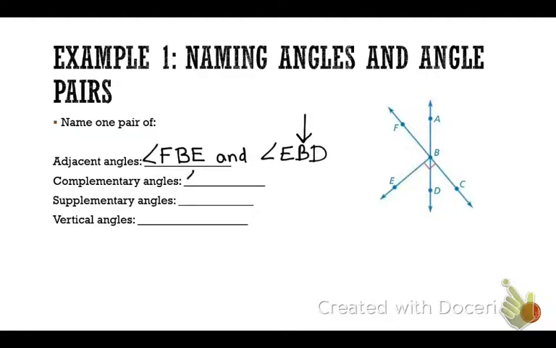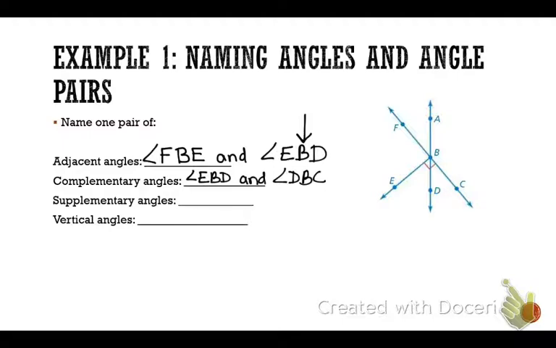Complementary angles: angle EBD and angle DBC. Complementary angles form a 90-degree angle.